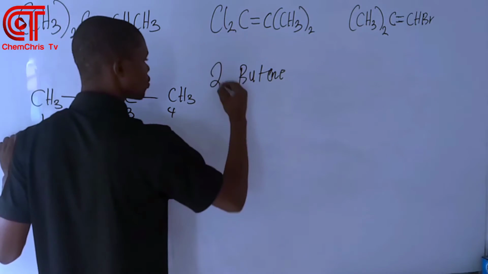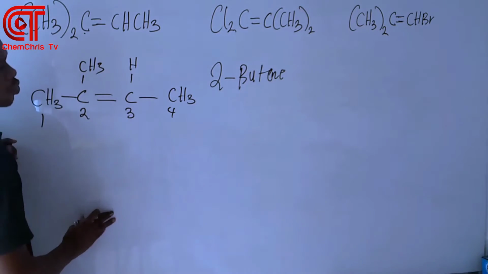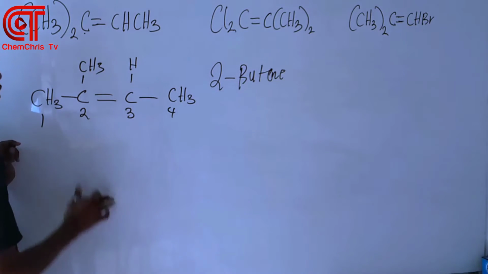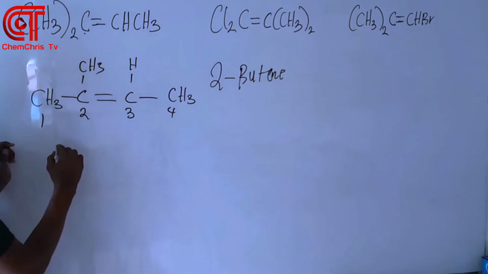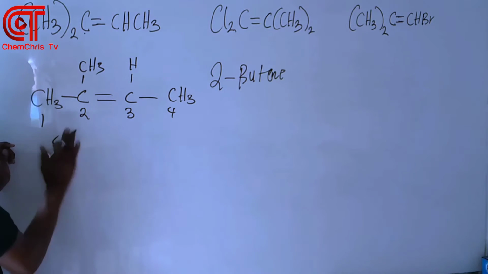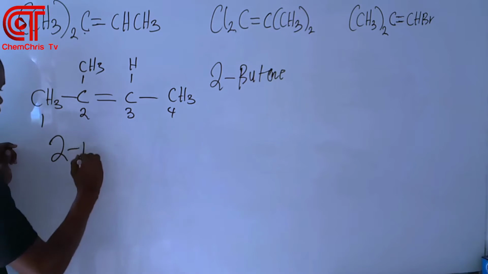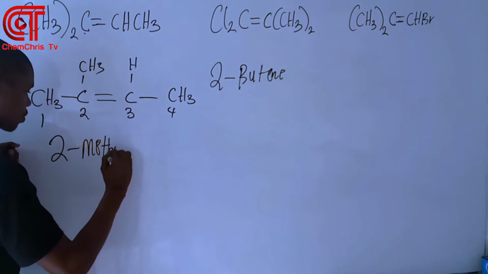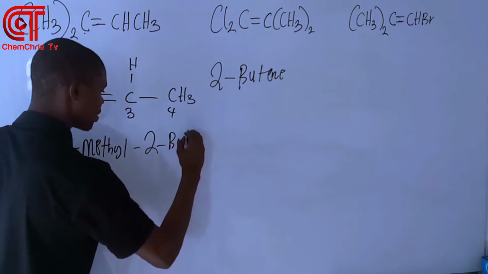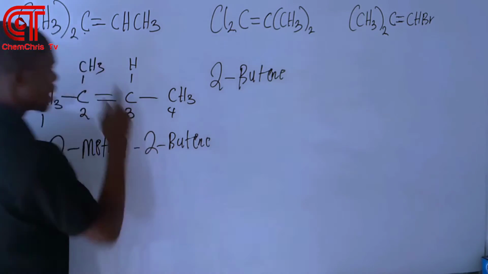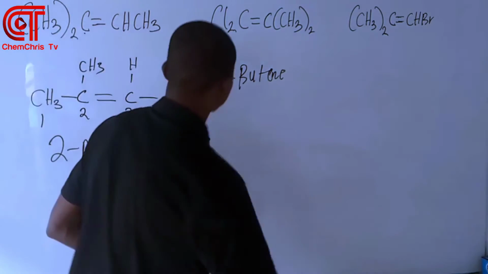So we're going to have 2-butene. You get. So now on carbon number 2 I also have the methyl. So we're going to do 2-methyl, then here we have 2-butene. So that is the name of this compound here.